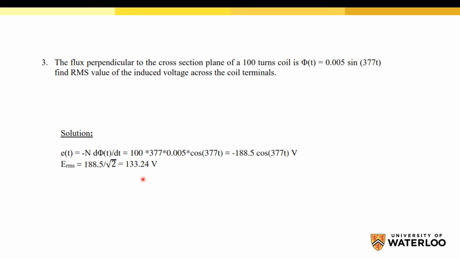Please be careful, because in the circuits, if we give you this voltage in time domain, we assume that this value is RMS value, but here it's assumed to be maximum. Okay, because we calculated this EMF from the flux. So this is a maximum value, and then we should divide over root 2 to calculate the RMS value.